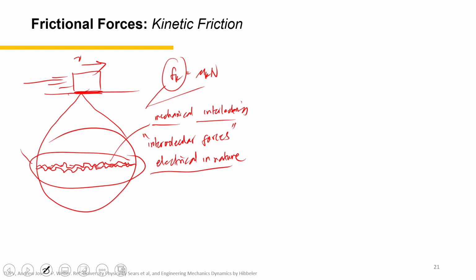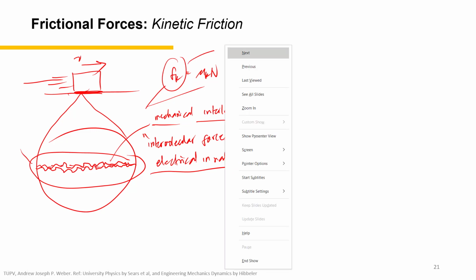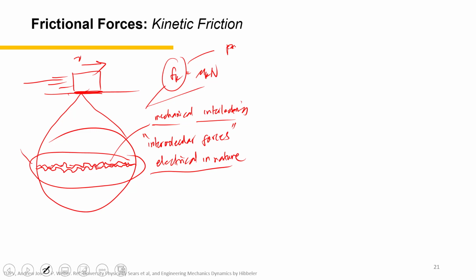So the kinetic friction force is not perfectly constant, because the number of bonds varies as the object slides past another surface.